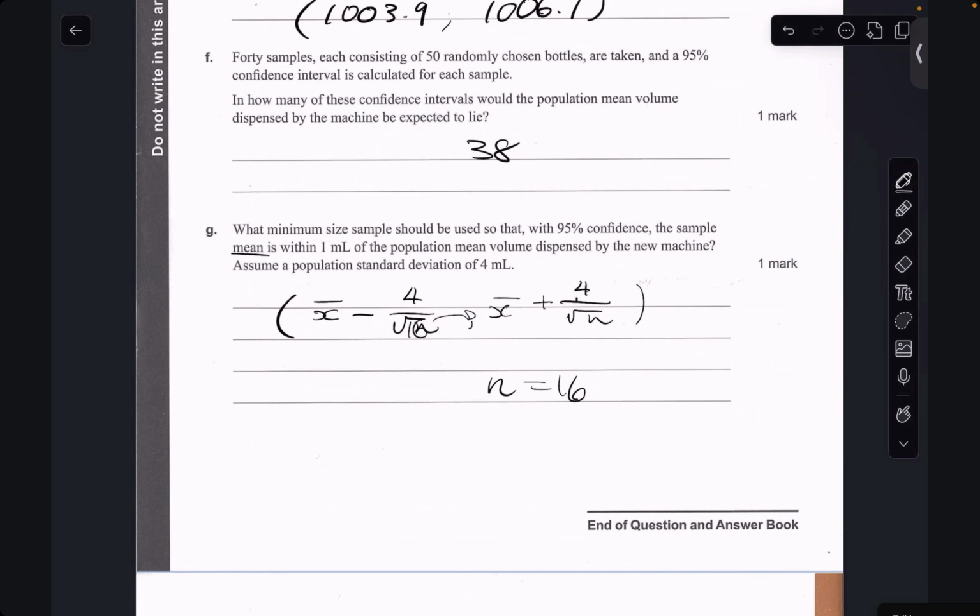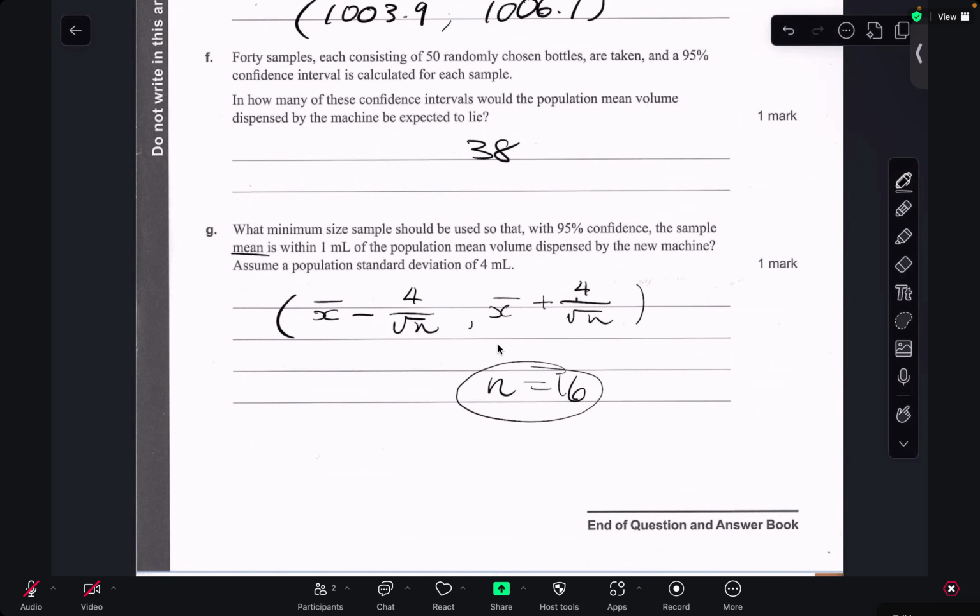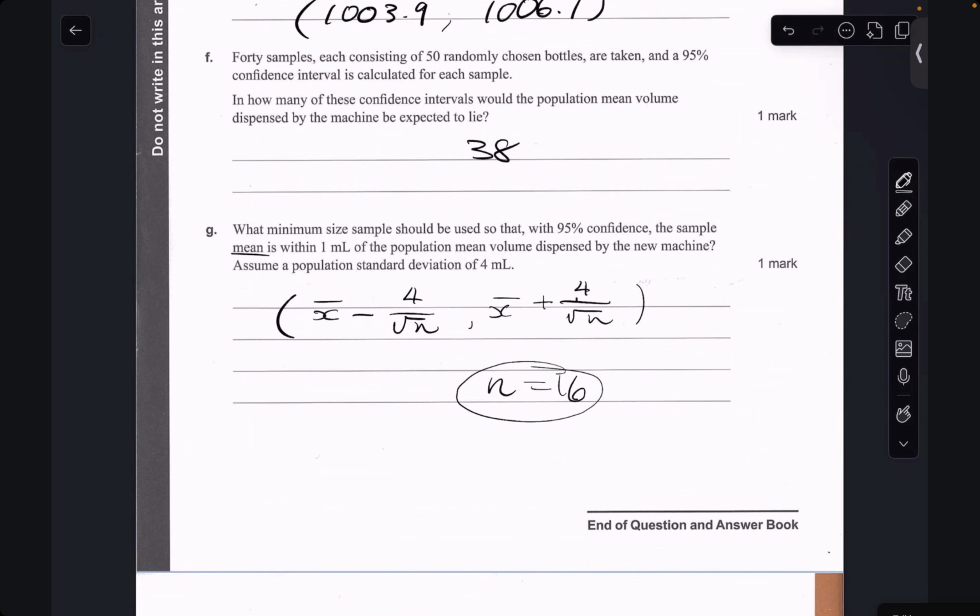But then if you go bigger, it would be even better, and it's within 1 milliliter. So that includes 1 as well, right? I think so.